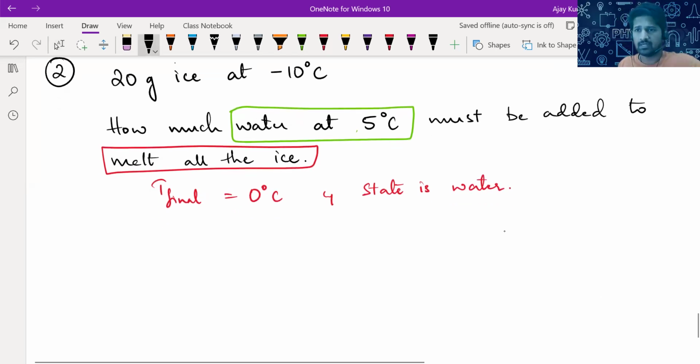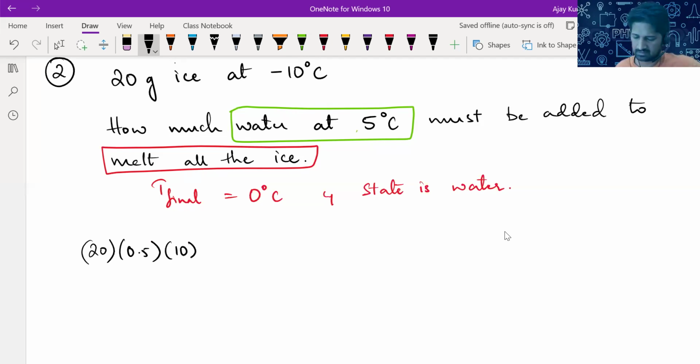Now we'll first find out how much heat is needed to convert 20 grams of ice at minus 10 to water. First, ice at minus 10 should be converted to ice at 0 degrees. For that, we'll use m s delta T: 20, specific heat of ice 0.5, which will give the answer in calories itself. From minus 10 to 0 degrees, that's a change of 10 units.